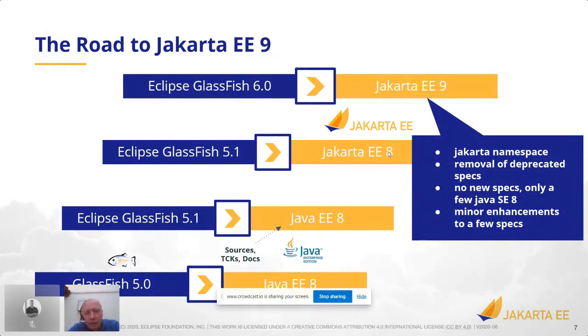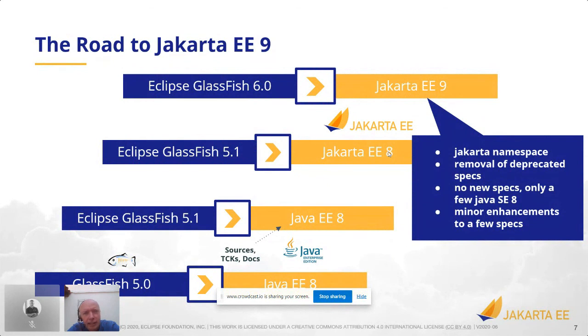We then spent a lot of time releasing Java EE8 as Jakarta EE8, which again is about moving Java EE into open source specifications, open source APIs, open source licensing, and open source process. We looked at releasing a different version of Eclipse GlassFish, but essentially we didn't need to. Eclipse GlassFish 5.1 is both Java EE8 and Jakarta EE8 compatible, and that shows they are binary equivalents.